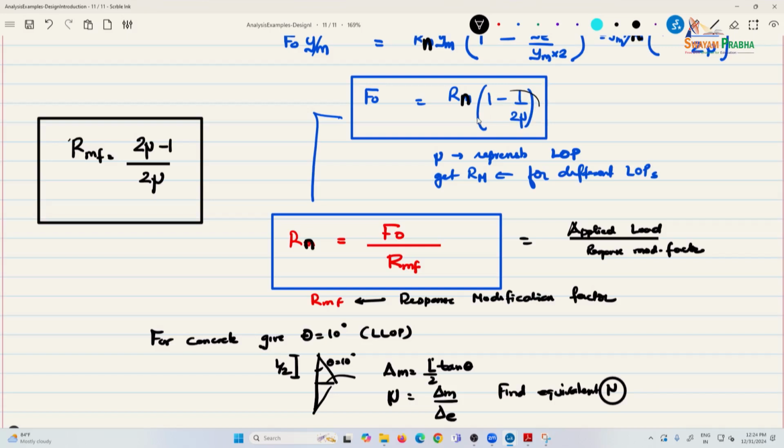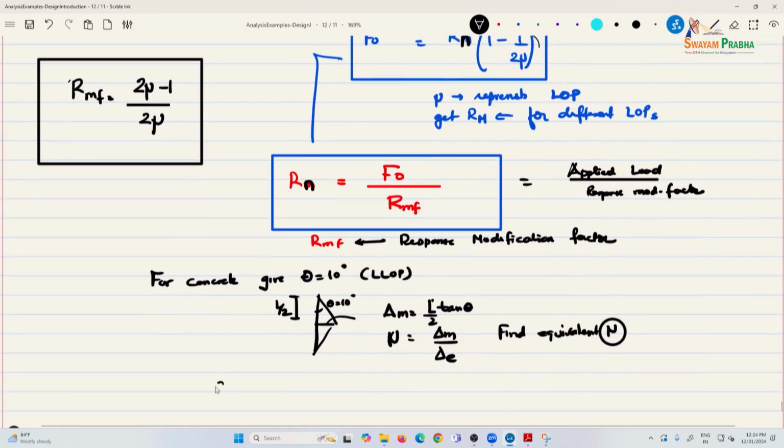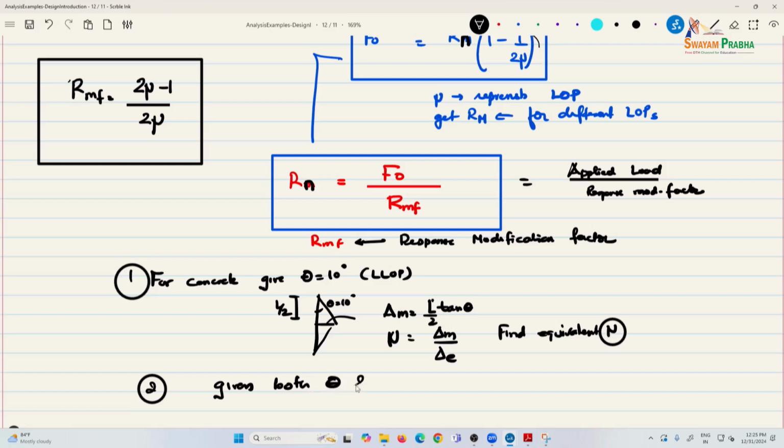So this is one scenario. Second scenario is if you are given both theta and mu, find the mu equivalent and then choose the lesser of the two values.